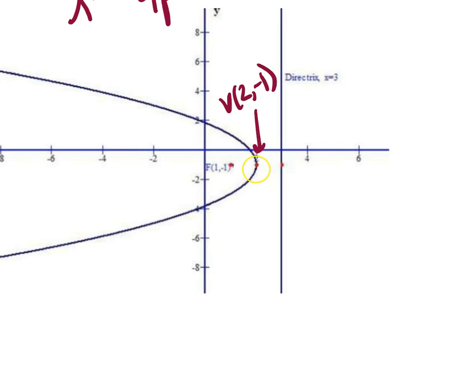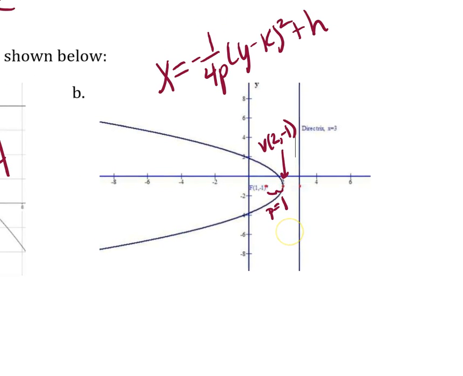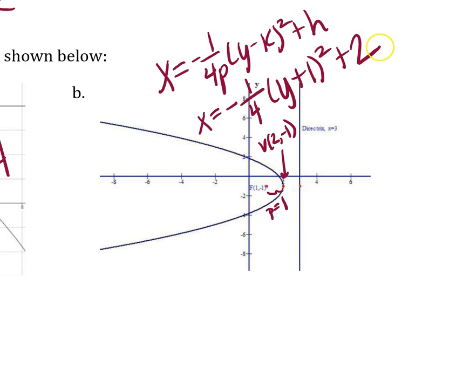So the p-value between these two is 1. All right, now I just have to plug it in. So I have x is equal to negative 1 over 4 times 1 is 4 times y plus 1 squared plus 2. Again, this is h and this is k.